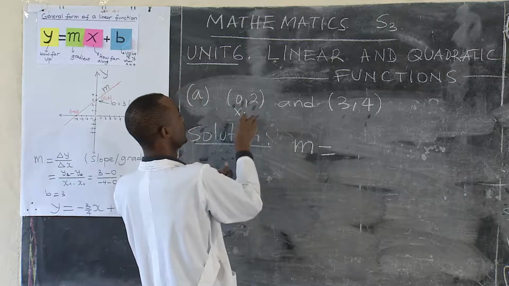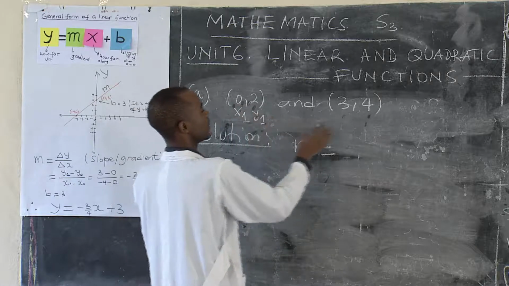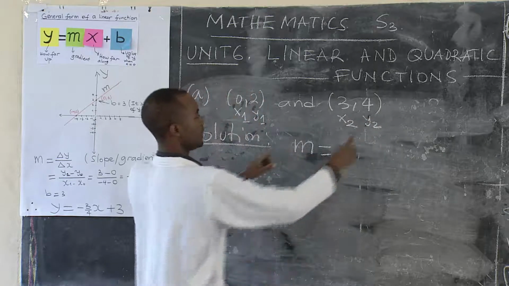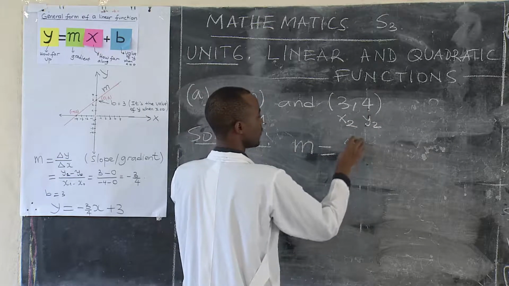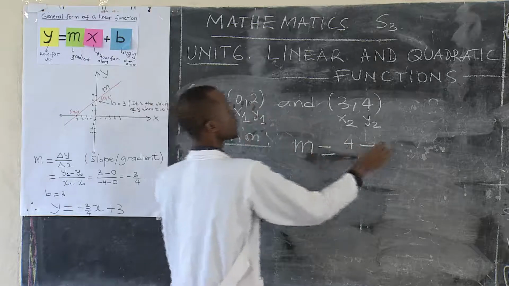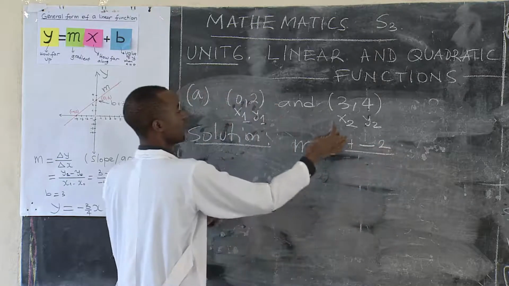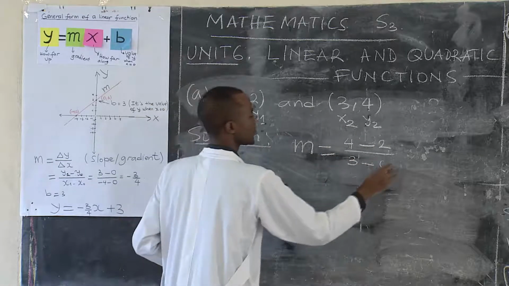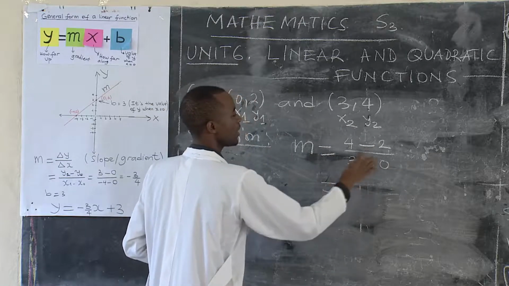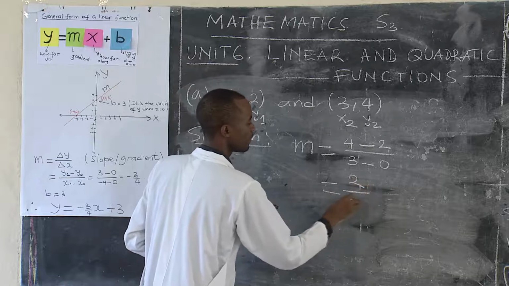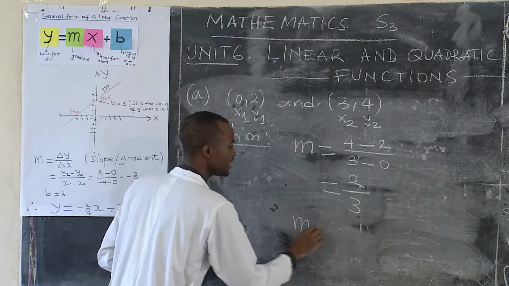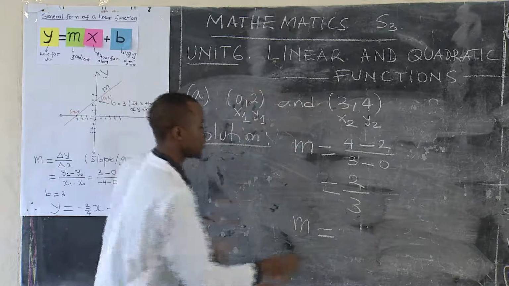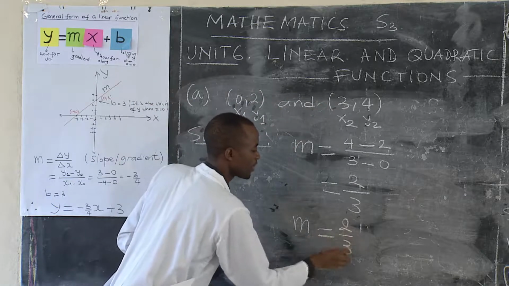This is x1, this is y1, this is x2, this is y2. y2 is equal to 4 minus y1, which is equal to 2, over x2, which is equal to 3, minus x1, which is equal to 0. And of course, we have now 2 over 3. So the gradient of a line which passes through these 2 points is equal to 2 over 3.